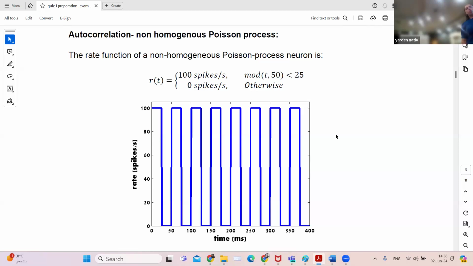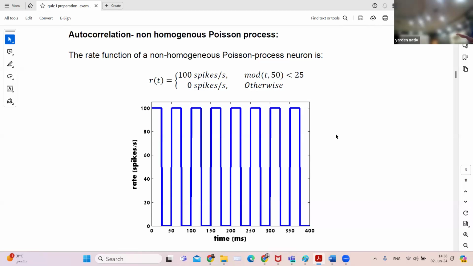First of all, you have here also a drawing for this neuron. Look at the cycle of this neuron. You have a cycle within every 50 milliseconds, right? And in this cycle, half of it is with a rate of 100 spikes per second, and half of it is 0.